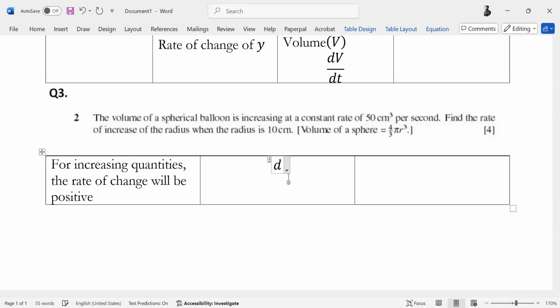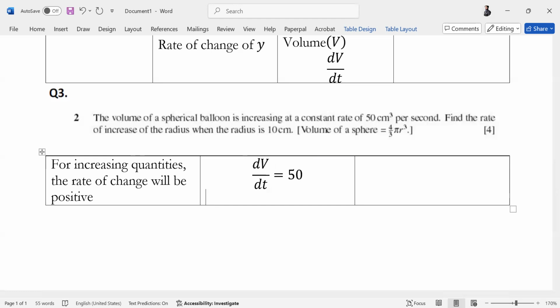So I can say that dV by dt has been provided as 50. Is this right or wrong? This is just the data that has been provided in the question. Find the rate of increase of the radius. What do I need to find? So what do I write?